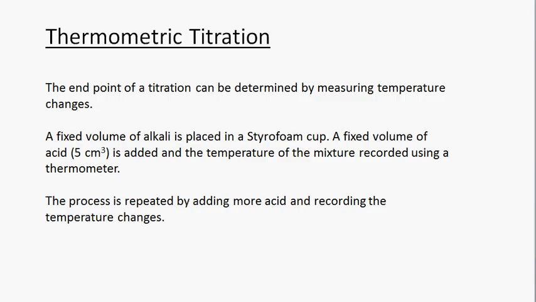So that is why we use a styrofoam cup. So the first thing we do is put a fixed volume of the alkali in a styrofoam cup and a fixed volume of acid, let's say 5 cm cube, is added, and the temperature of the mixture is recorded using a thermometer. The process is repeated by adding more acid and recording the temperature changes.